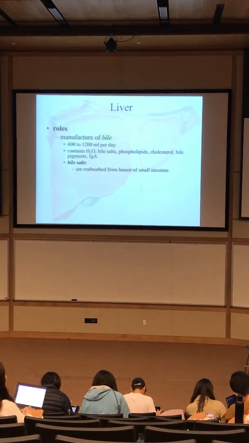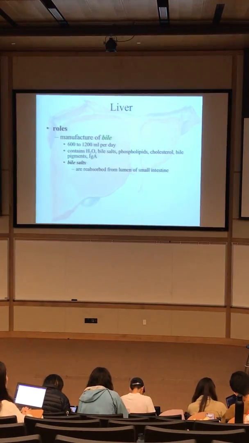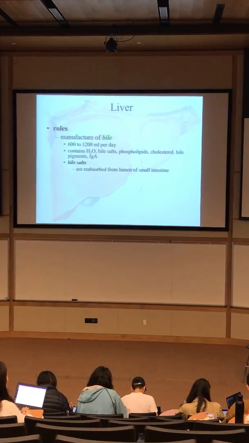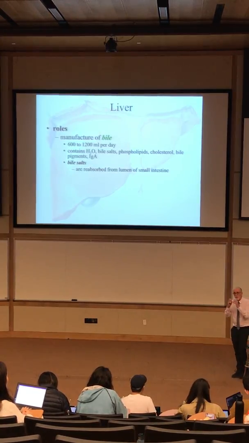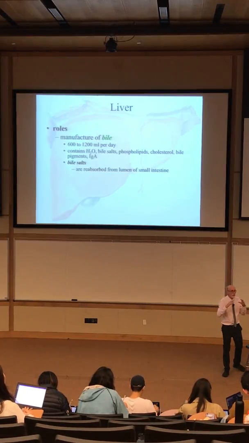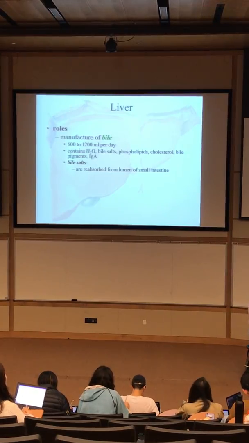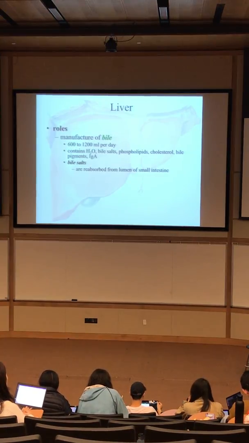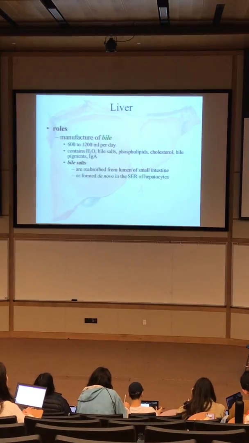So bile is released into the small intestine, in the duodenum, and it participates in digestion of fats, because what it does is emulsify the fats and break fats down into smaller droplets so that there's more surface area for the lipases to attack the fats. But then a lot of the bile salts get reabsorbed and sent back to the liver again. So there's a cycle that occurs.